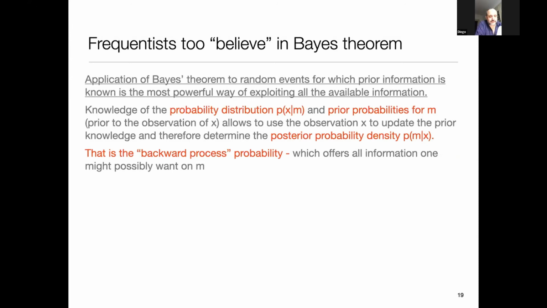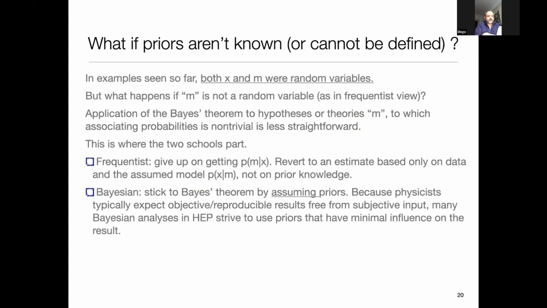So once you're applying your statistical experiments to random variables that are not only the data, but also the parameters, and you know the priors, you get the backward process probability through the Bayes theorem, and you use that, no question about it. The problem, and where the two schools part, is: what do you do if priors are not known?